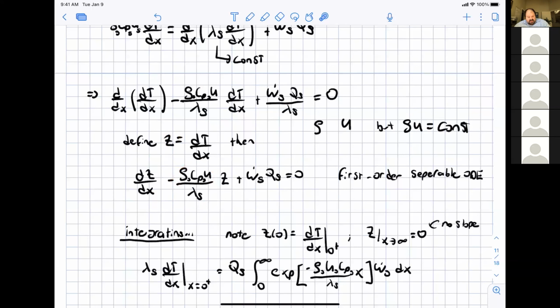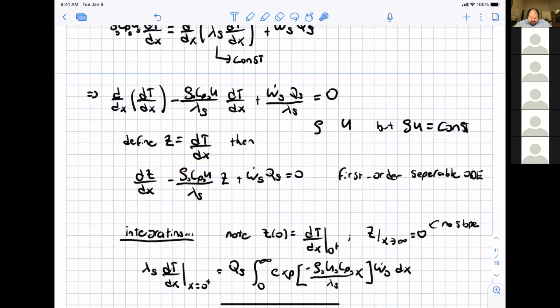And since we're assuming constant properties, Cp is constant and the thermal conductivity is also constant, so this entire thing, rho times U times Cp over lambda, is also constant.